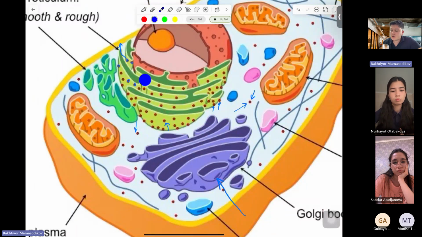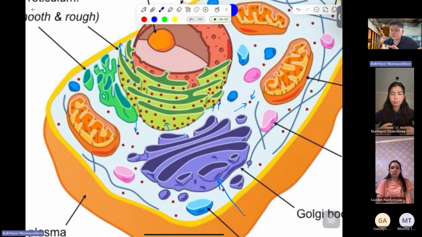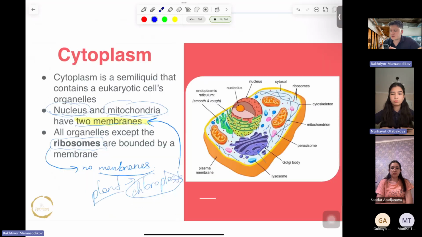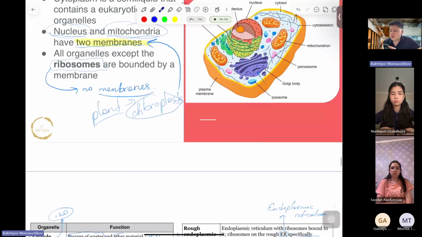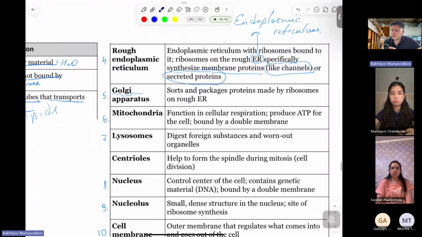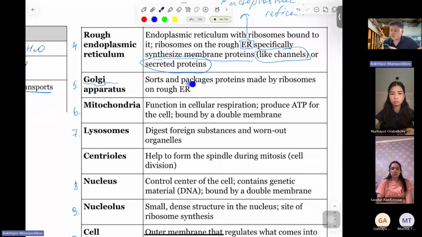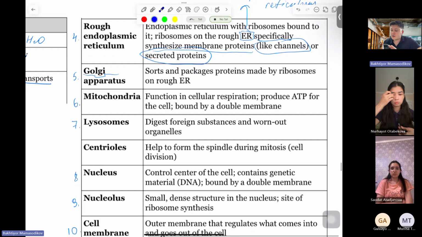Then those proteins go to the Golgi apparatus, where they are sorted and packaged. After that, it goes to the smooth endoplasmic reticulum and throughout the whole cell. You have to know this: it sorts and packages proteins made by the ribosomes on the rough endoplasmic reticulum.